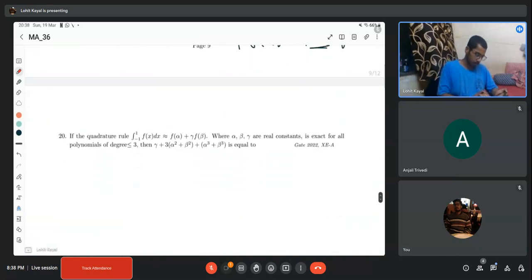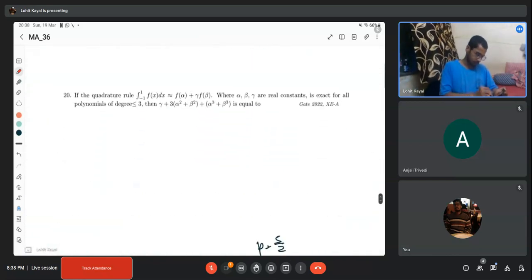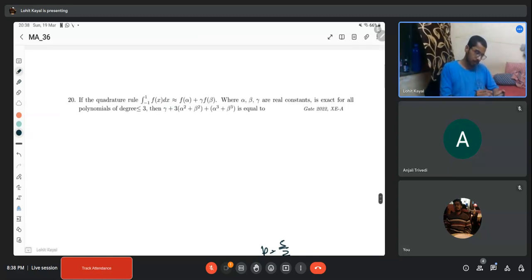Now let us move on to the last question, question 20. So this is true for all polynomials of degree less than or equal to 3.